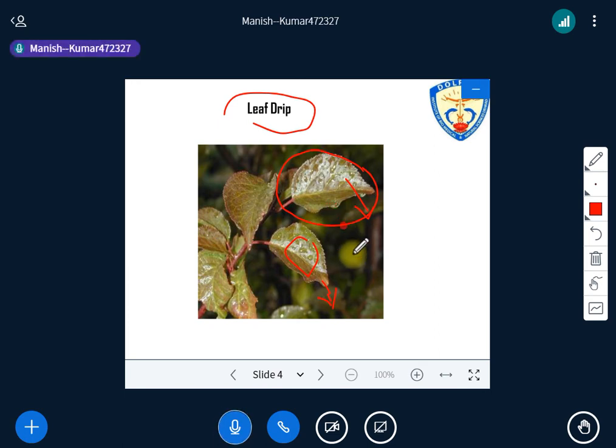But if the water drips from the leaf naturally, that is called leaf drip. Is the term clear now? Right.